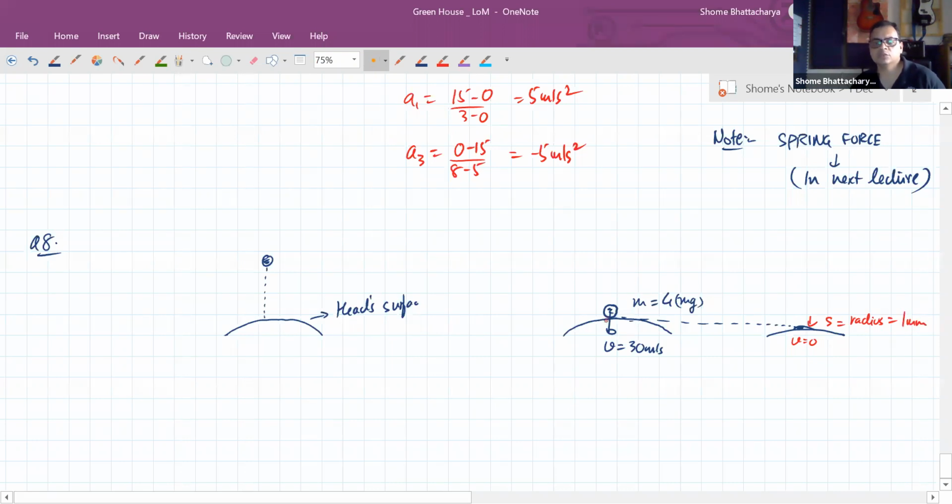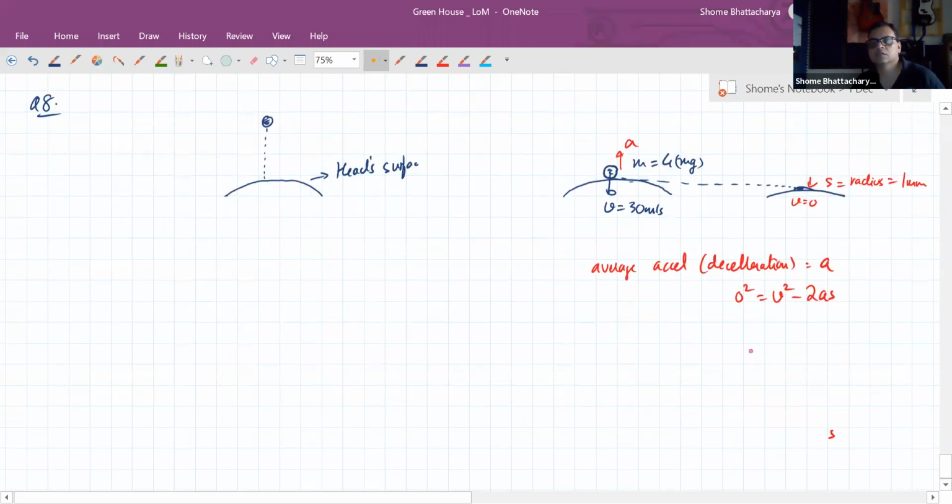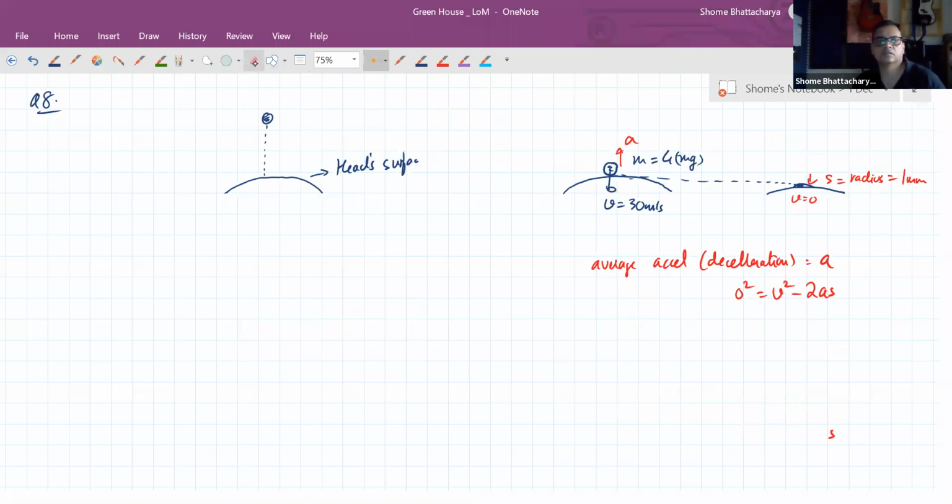Okay. So what we'll assume is that as it's coming in contact with the head, there is some kind of an acceleration like this. So if the average acceleration, actually deceleration, is a, then final velocity squared should be initial velocity squared minus 2as. So that average acceleration should be equal to v square by 2s.